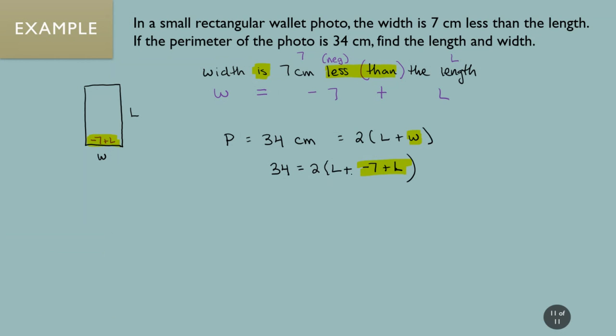So now we need to solve for L, and we need to follow the order of operations to simplify on the right side. And so that involves adding like terms inside the parentheses first. So we have an L and an L, so we can add those together. So I have 34 equals 2 times (L plus L is 2L, and then I have that -7).